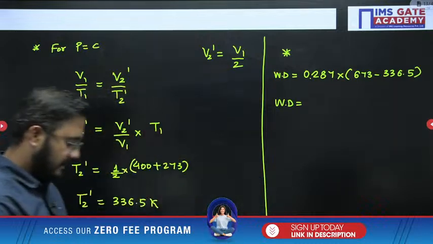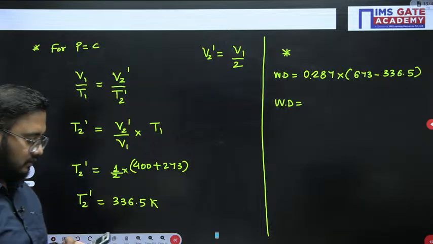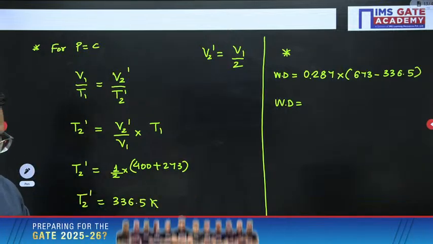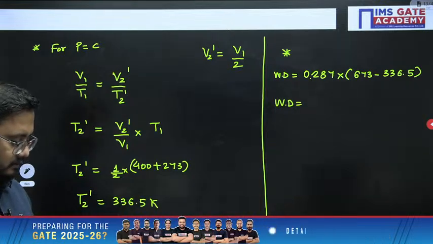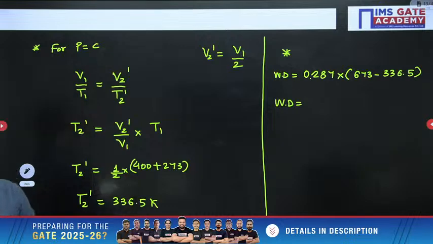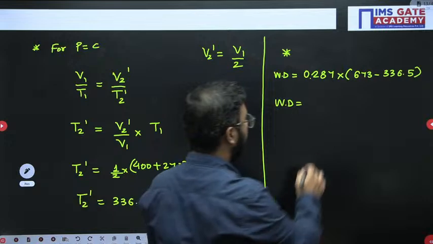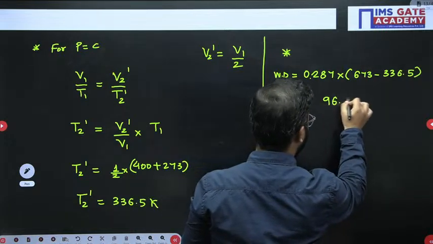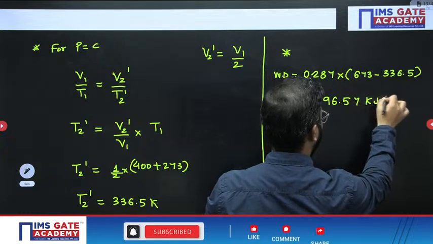So 673 minus 336.5 multiplied by 0.287. So it is coming around 96.57 kilojoule per kg.